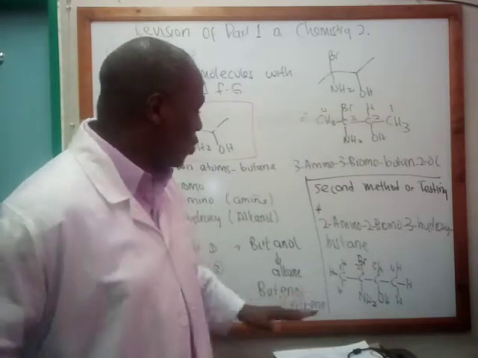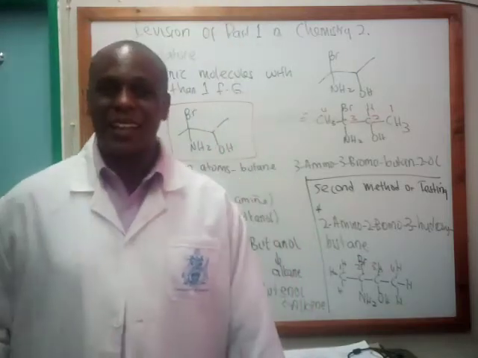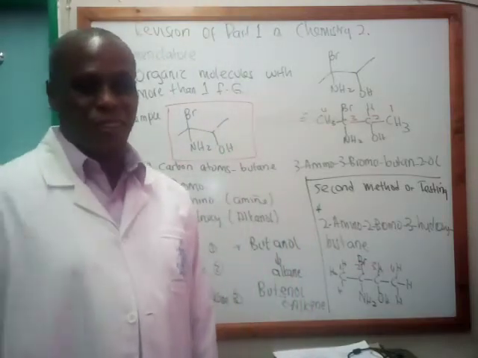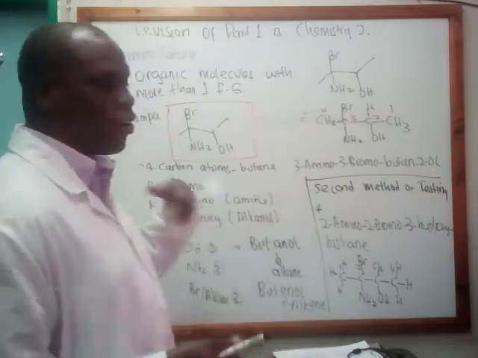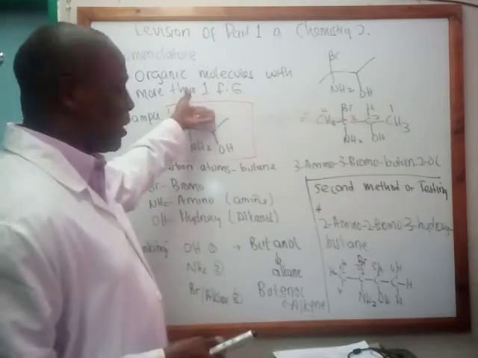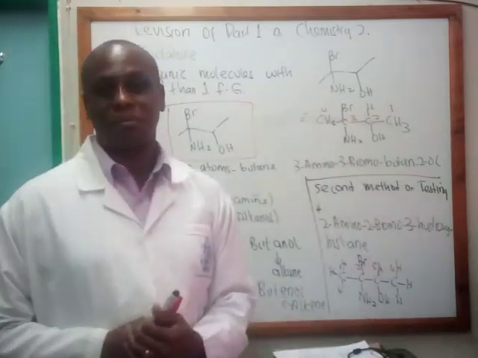Are you seeing here? So this is the more advanced way of testing, and you need to know that there are 2 ways of testing. One in which you can be given a simple structure and come up with a name.